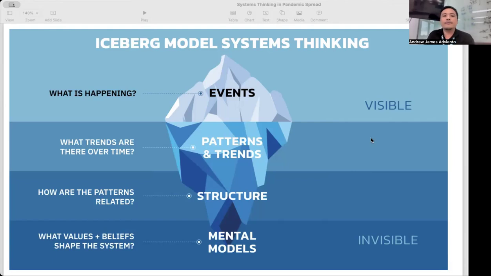Next, level two is the pattern and trend. Here, it tells us what trends there are over time. Patterns ask the question, does this problem happen again and again?